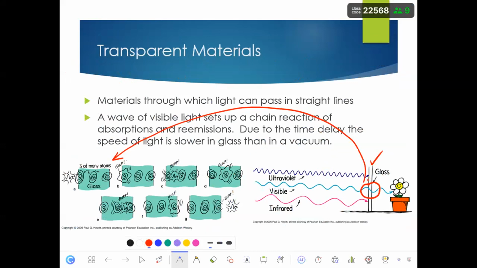If you touch the glass when it is in front of the sunlight, you will see it gets warm. Why? Because these two light types, ultraviolet and infrared, which are part of the electromagnetic spectrum, are absorbed by the glass.